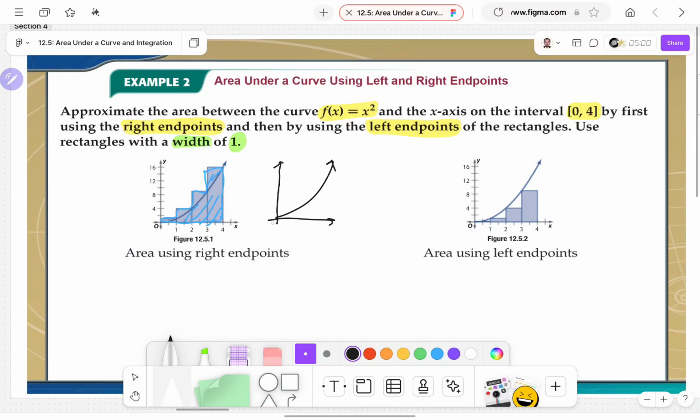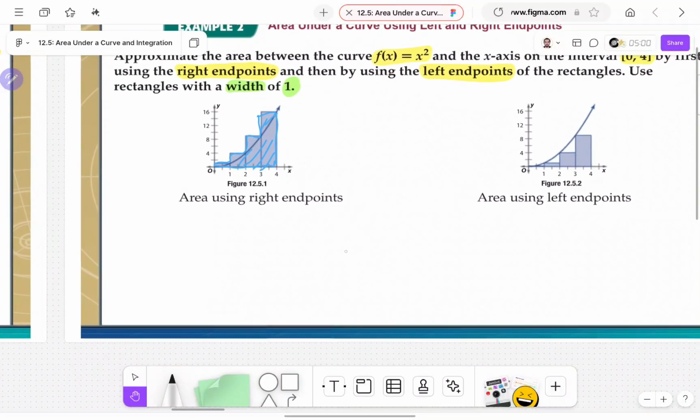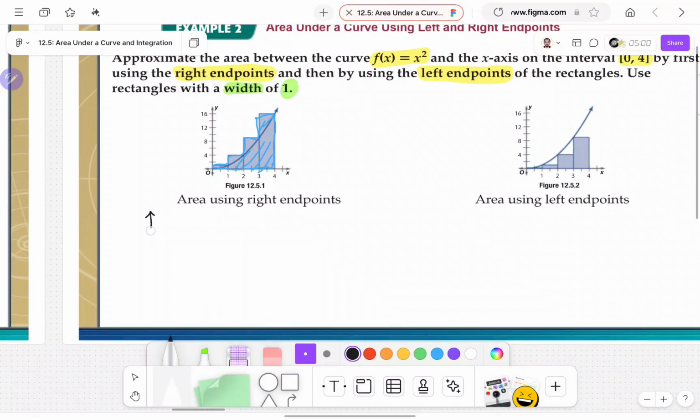You need to find the area from 0 to 4. Okay, now how can we do this? Let me teach you how to draw rectangles, then we find the area of every rectangle. First let me draw the question. It will not be that accurate, but you will understand the idea.